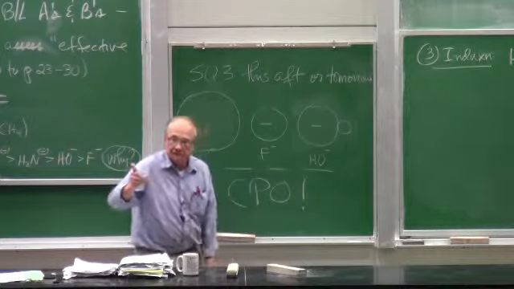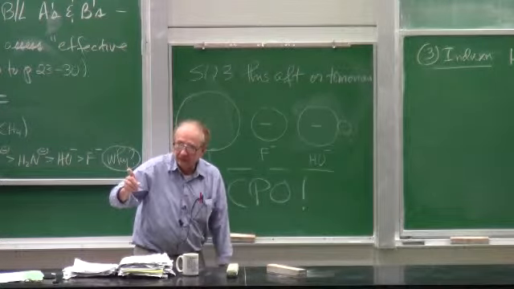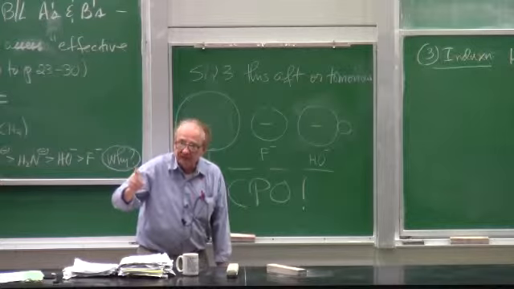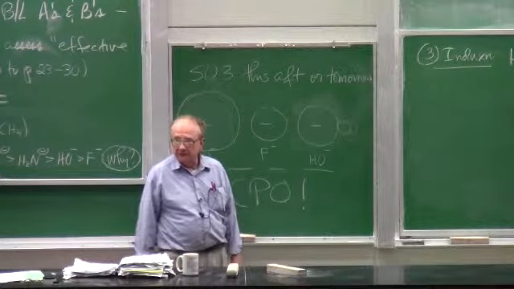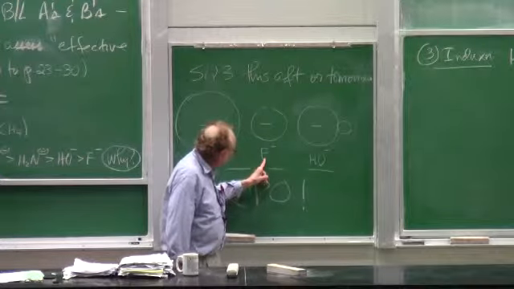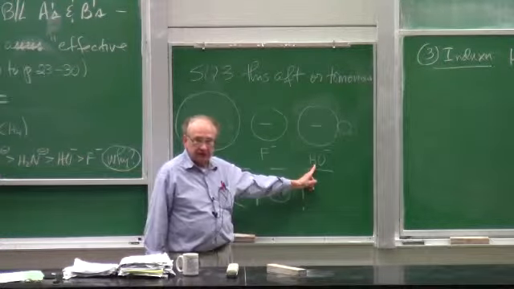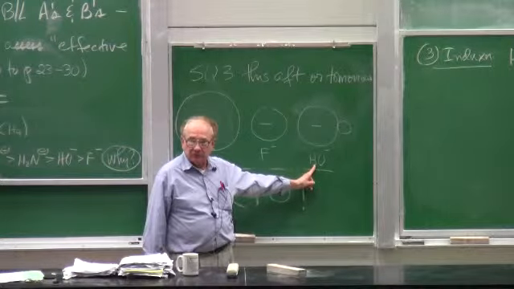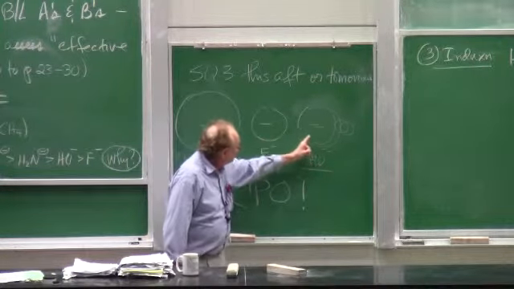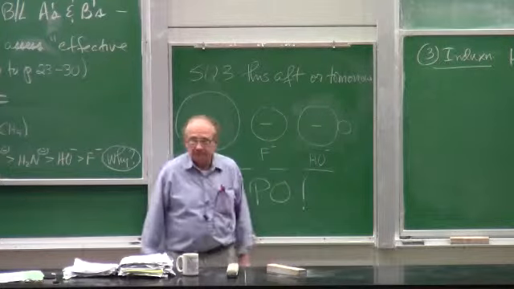So I ask this question. If the difference in base strength between fluoride ion and hydroxide ion rested on charge to size ratio, which one of these would be the weaker base?